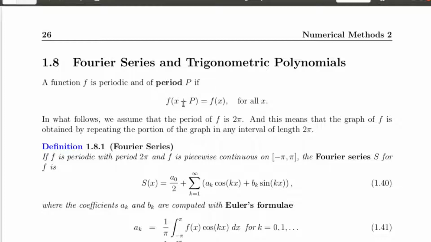So p here is the period of the function f. It means that the function will repeat itself after p units, the period. But in our study, we'll assume that the period is 2 pi. So we stick to that. Why? Because even if the period is not 2 pi, we can use a change of variable to make it 2 pi.